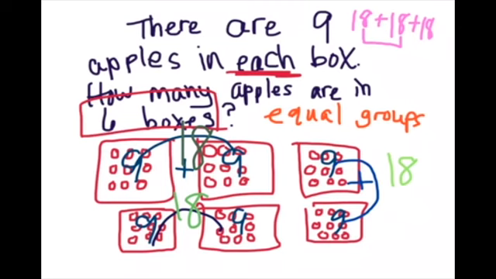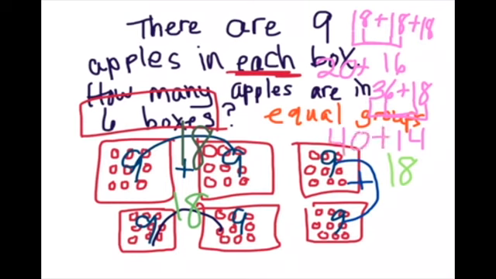We know 8 plus 8 is 16. And we know 10 plus 10 is 20. So 20 plus 16 is going to be that first part. That would be 36. So we have 36 plus 18. What is 6 plus 8? 14. What is 30 plus 10? 40.